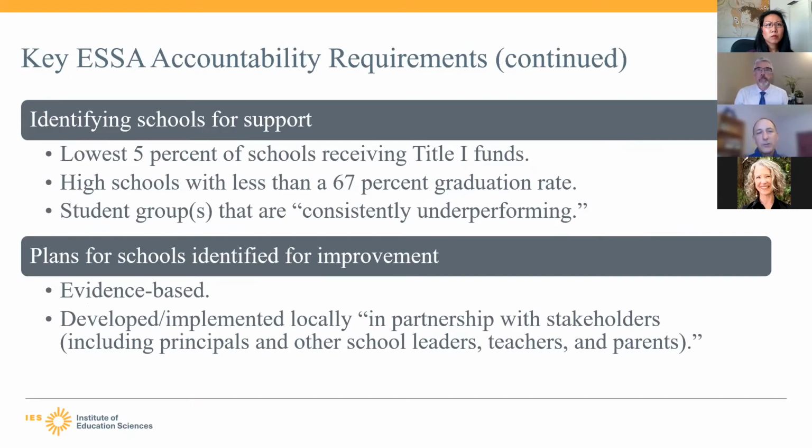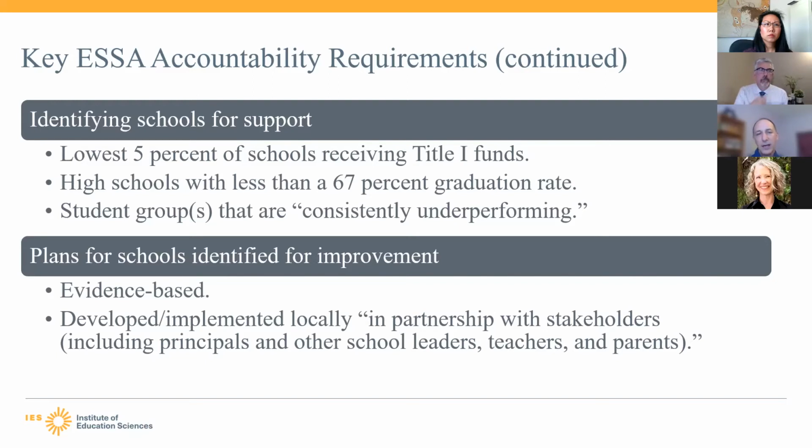So in addition to the reporting that we just described, there's also support and improvement. And schools get identified for support if they are the lowest 5% of schools receiving Title I funds, high schools with less than a 67% graduation rate, or student groups that are consistently underperforming.